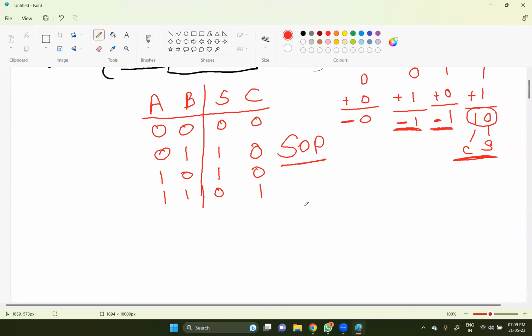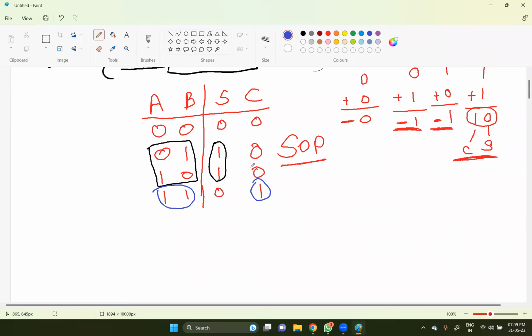As far as this one, the sum will be taken from these two locations, and the carry will be taken from this particular area. This is the carry area where you come across when you are trying to add two inputs with this combinational circuit.